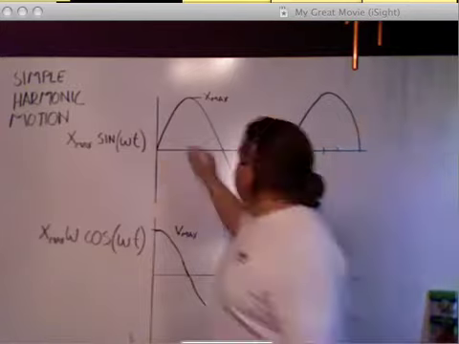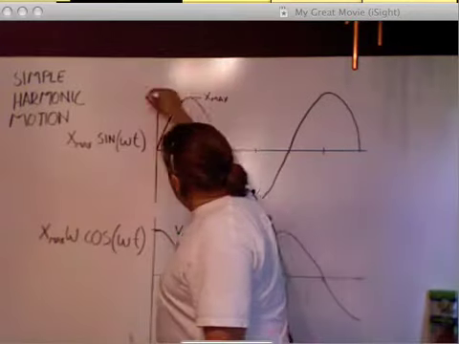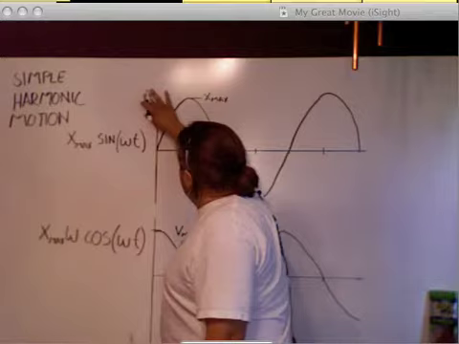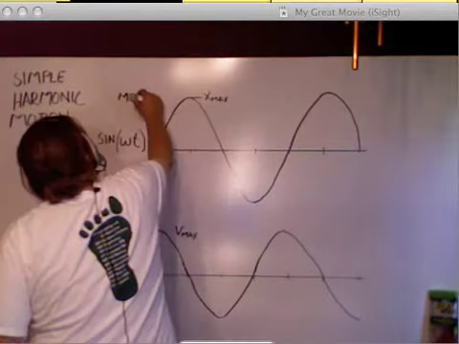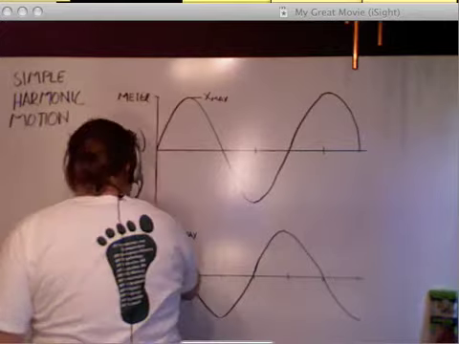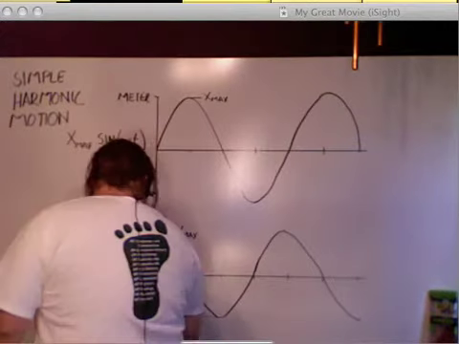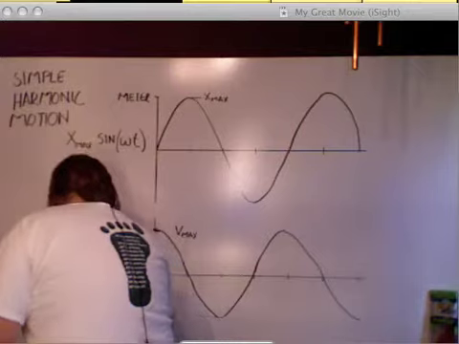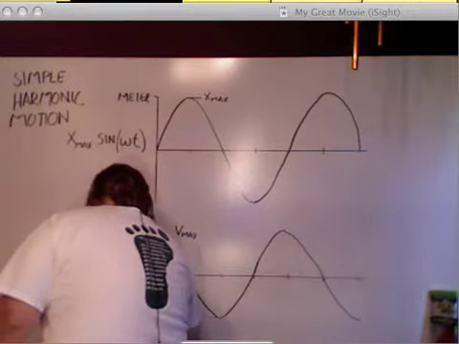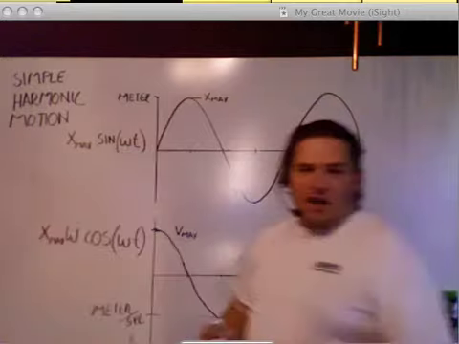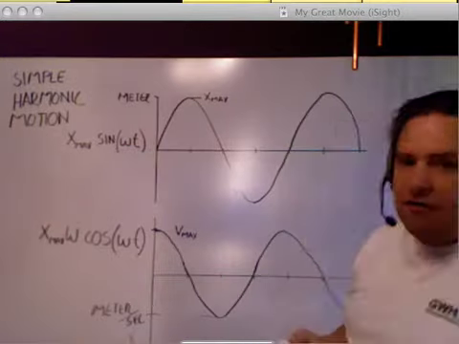Now, you should also be careful to realize that this is nothing more than position, which we represent by meters, while this over here is meters per second. So they're not exactly the same graph. They're different graphs.